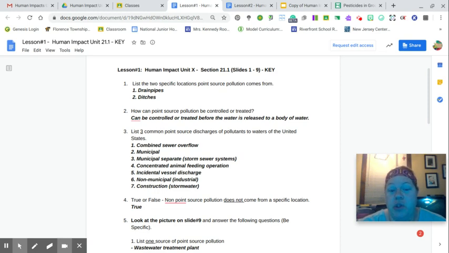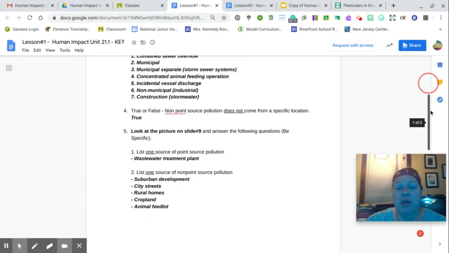Non-municipal would be industrial and construction, getting into stormwater, all are point source discharges. True or false? Non-point source pollution does not come from a specific location. That's true. If you look at slide 9, you're looking at the pictures.